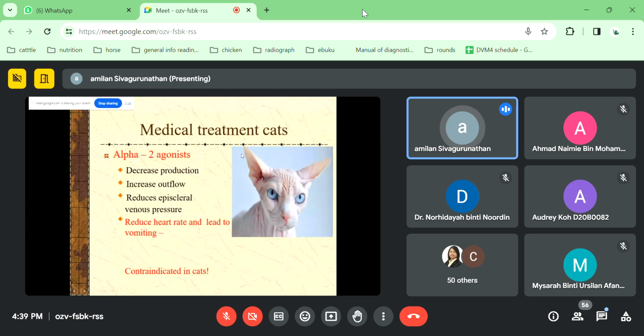And in the case of alpha 2 agonists, as I mentioned earlier, if you use this in a cat, it can suddenly cause the blood pressure and the heart rate to drop, and you can have sudden collapse. So you have to always be aware of these complications when you use the drugs.